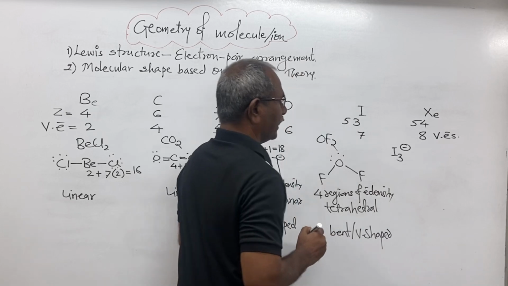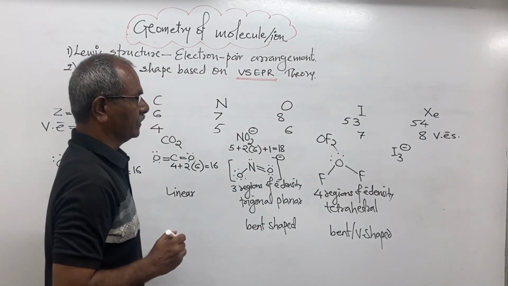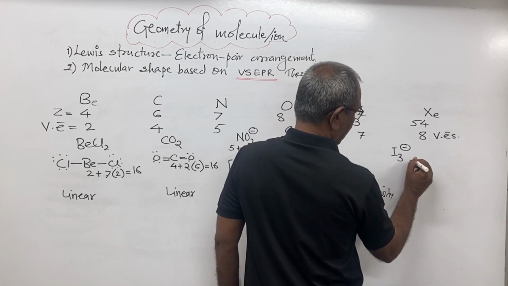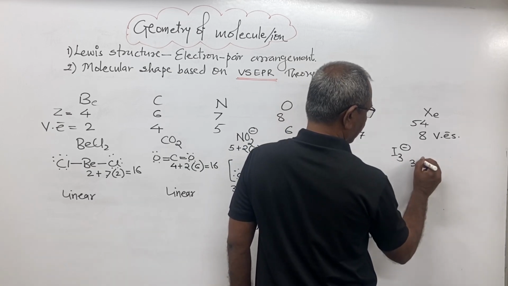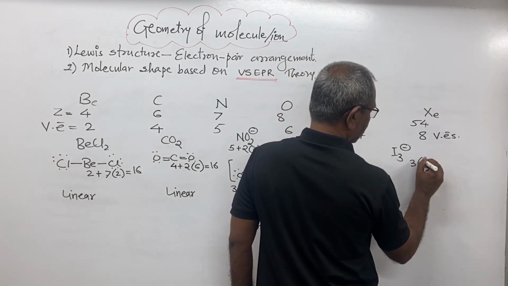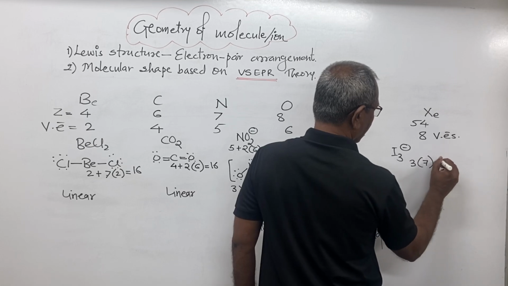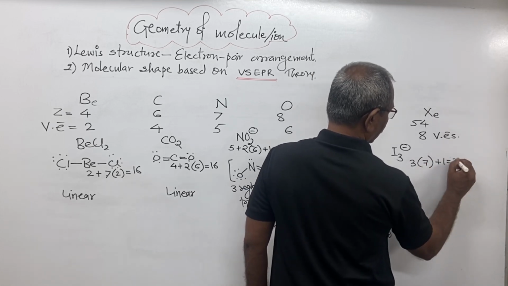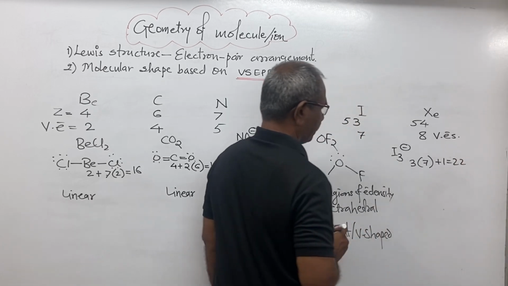I3 minus ion, the triiodide ion. In the triiodide ion, there are 3 iodine atoms, each containing 7 valence electrons. 1 electron is accepted, so 22 valence electrons.